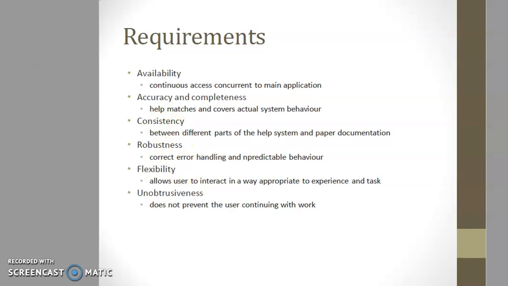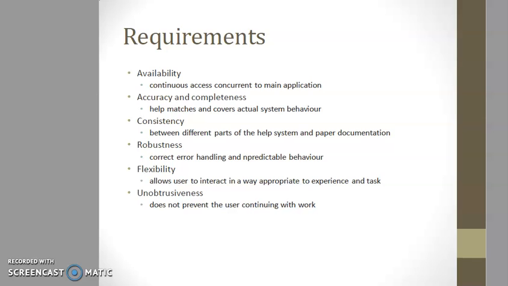The last requirement of user support is unobtrusiveness. It does not prevent the user continuing with work. The help system should not prevent the user from continuing with normal work, nor should it interfere with the user's applications.